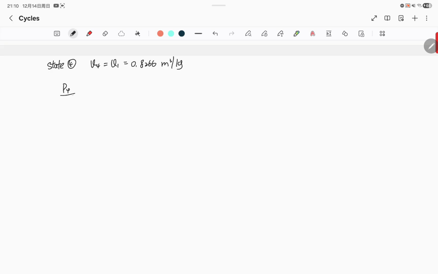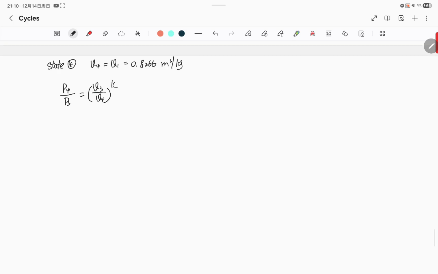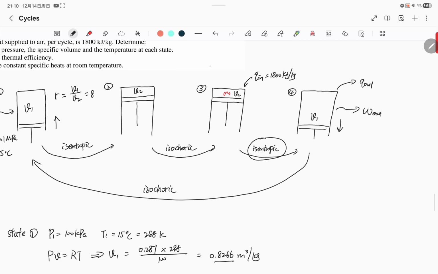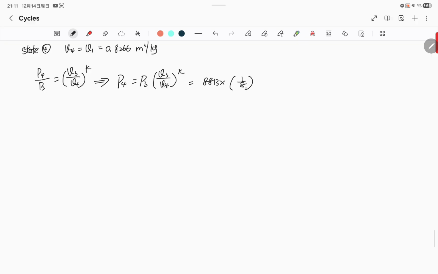So we have P4 over P3. What is V3 over V4? V3 is the small volume, V4 is the big volume, so it's the inverse of the compression ratio, 1 over 8.